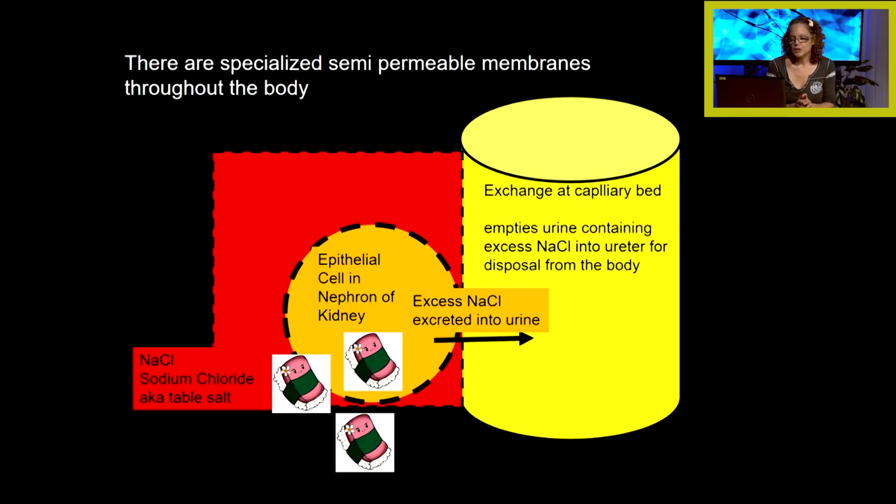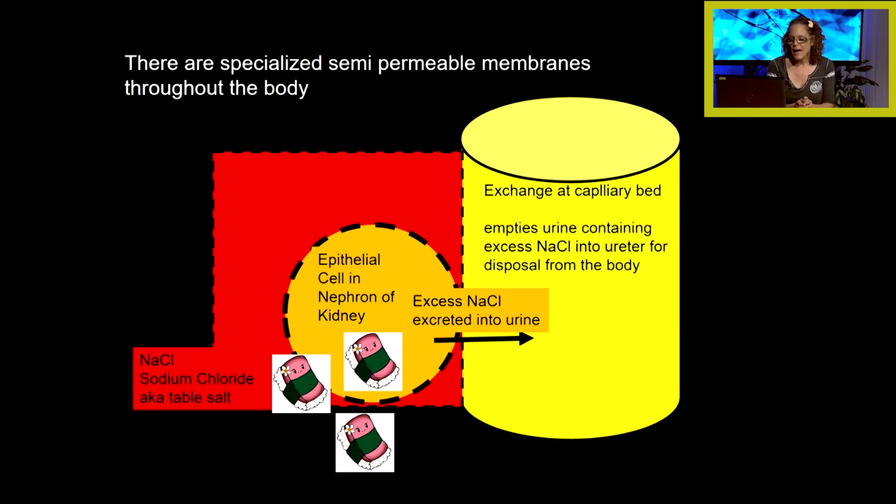There are specialized semi-permeable membranes in other places throughout the body. For example, in the kidney, we have the epithelial cell in the nephron of the kidney, and we have an exchange that takes place at the capillary bed. And what happens in this example here, let's say we ate lots of spam musubi and we have a lot of salt on board, right? So sodium chloride is table salt.